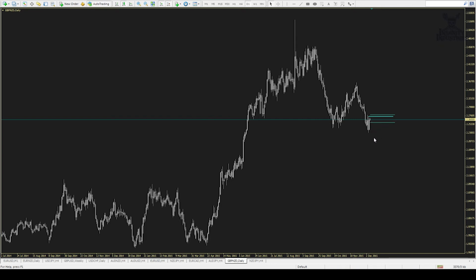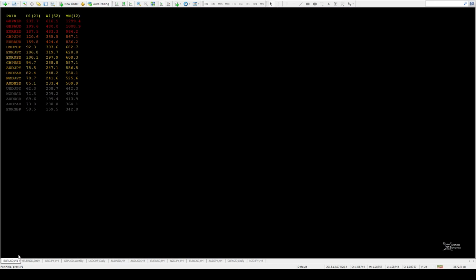Now, GN isn't one that I generally watch, although if we come over to my little info screen here, we'll see up the top that GN is actually one of the largest movers. It's a huge mover. What am I basing this off? I think I'm actually basing this off the monthly average.